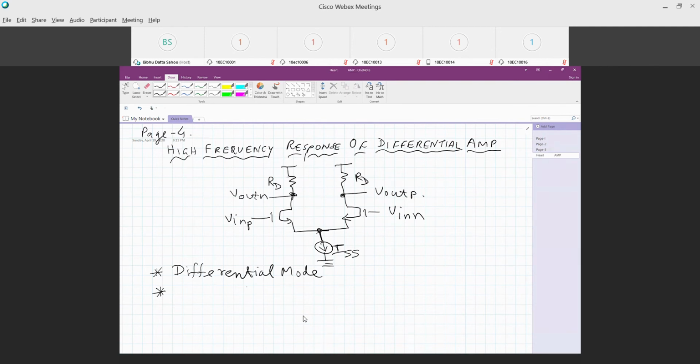Okay. Now for differential mode, you analyze the circuit using the concept of half circuit. What it means is that this node P is considered as the virtual ground node, and therefore once you apply the concept of half circuit, this configuration boils down to the common source amplifier, so you can use the same expression for the transfer function of the common source amplifier.